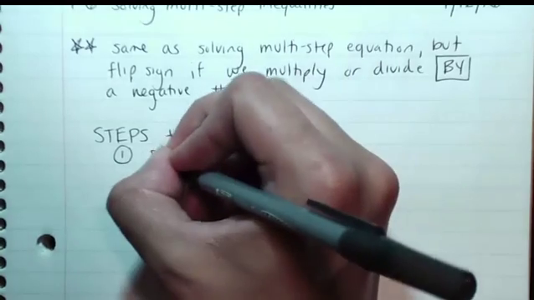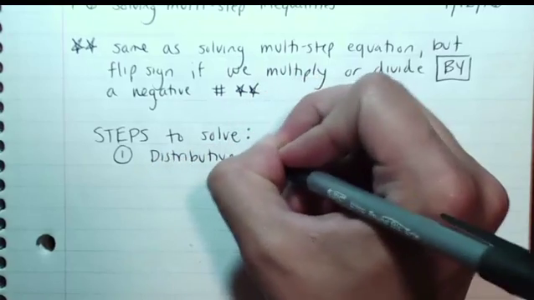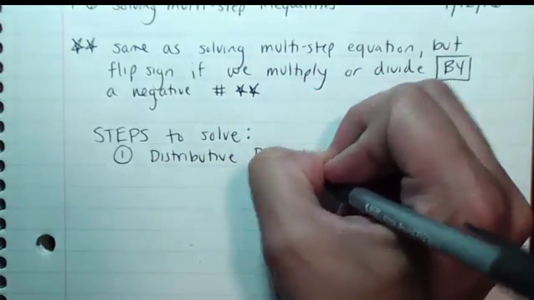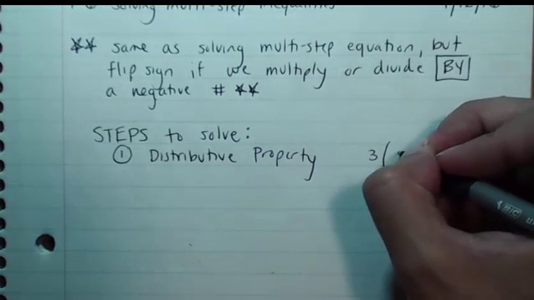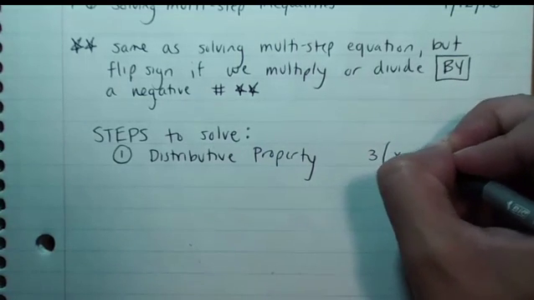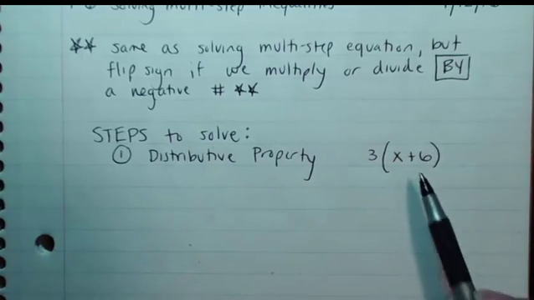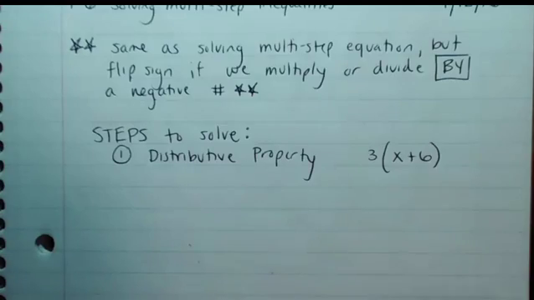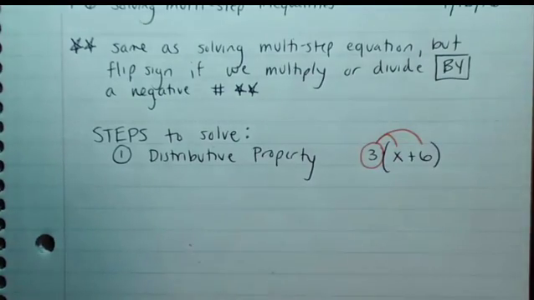We have to use distributive property. Remember, distributive property is when I have a number outside of a set of parentheses with two terms on the inside. Since I can't combine these two terms, I need to distribute or multiply that 3 times everything inside of those parentheses.